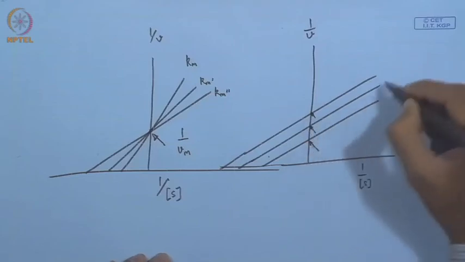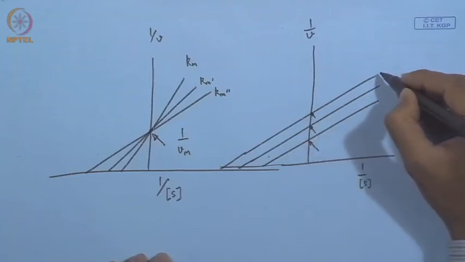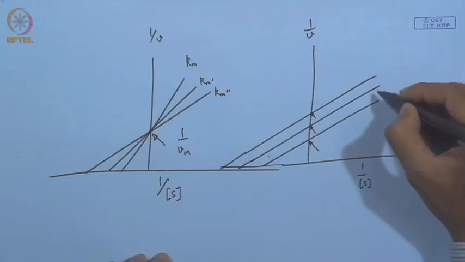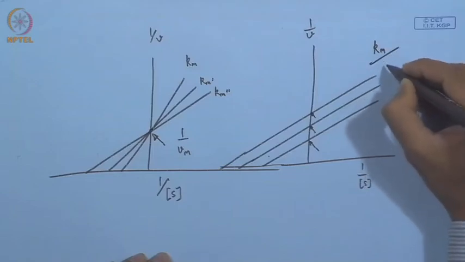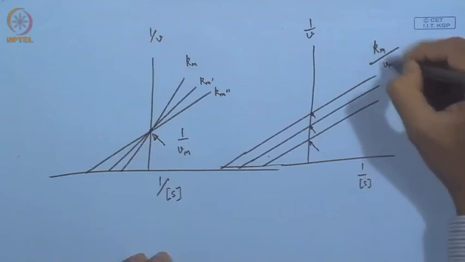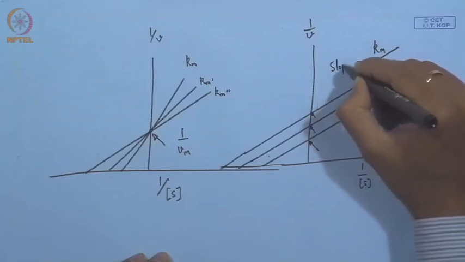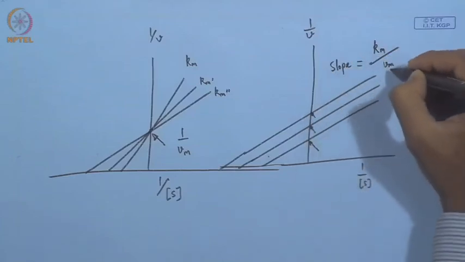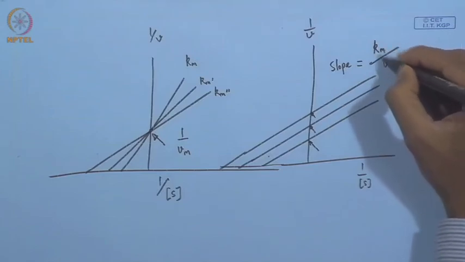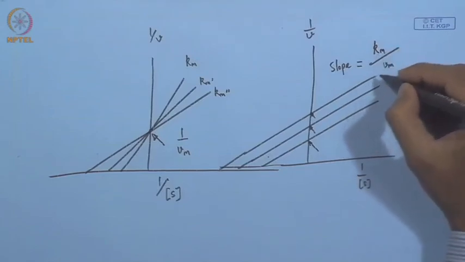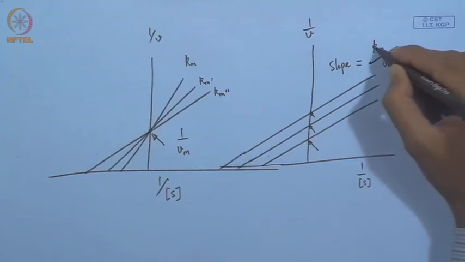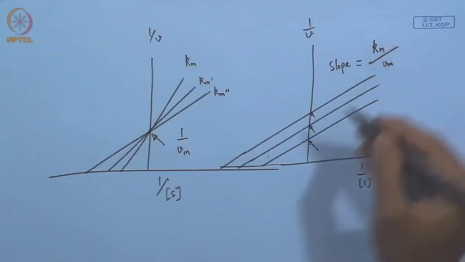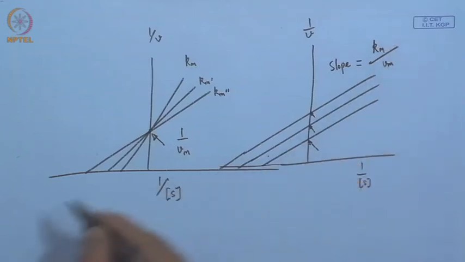V max is changing, although Km by V max, the slope, is remaining same. That means both are changing; if one is increasing, this one is also increasing, this way or that way.